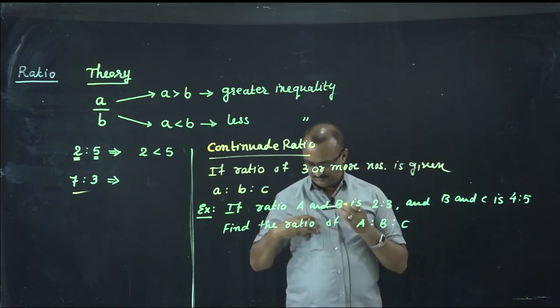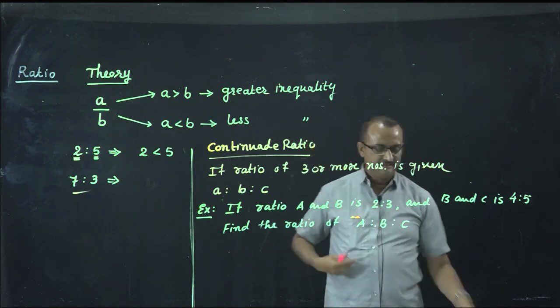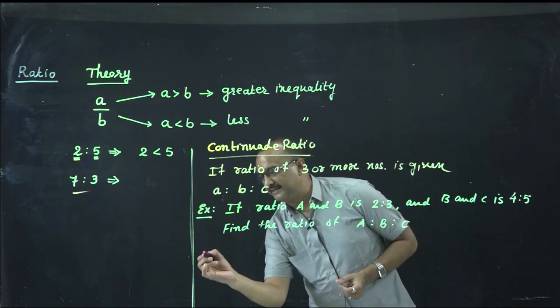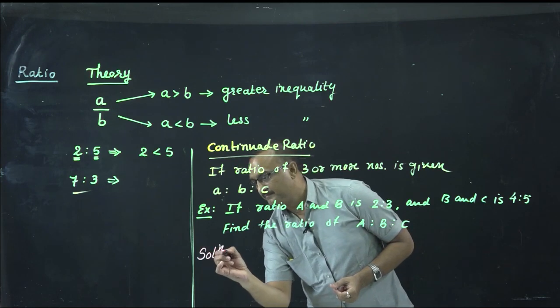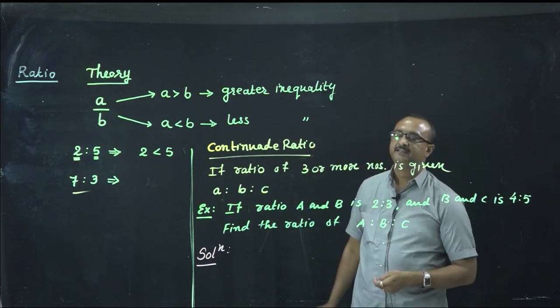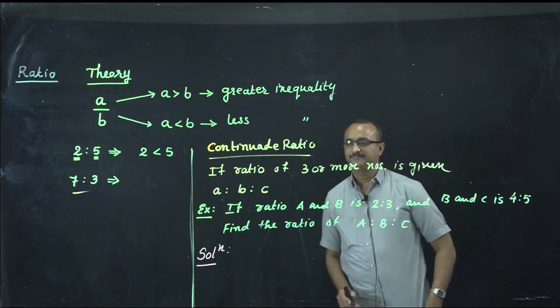So we have lots of options of finding A is to B is to C, but we are taking a shortcut. Okay. See how to find A is to B is to C.